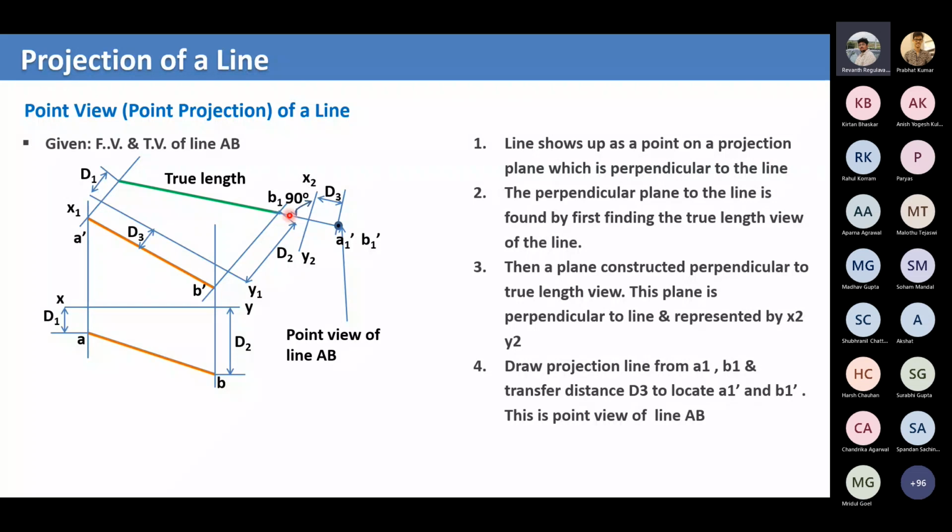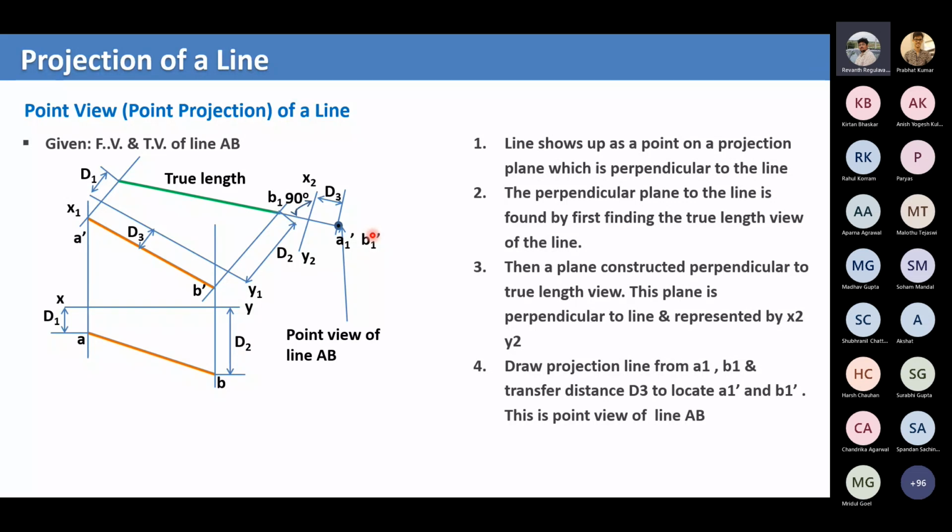Now when you take another auxiliary plane x2 y2, and when you take these projections, you get an auxiliary front view again. You will not be getting front views continuously as you keep on taking auxiliary planes and projections. Once you get an auxiliary front view, if you take a projection again using an auxiliary plane, you get an auxiliary top view.